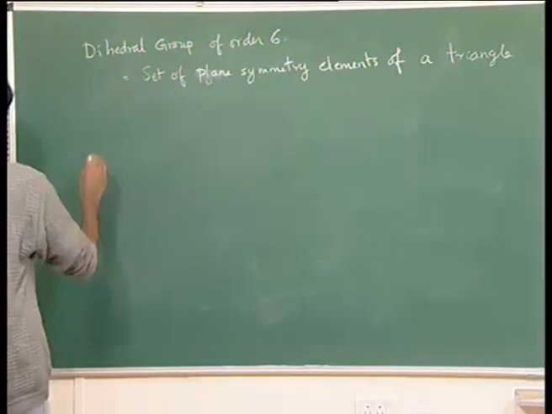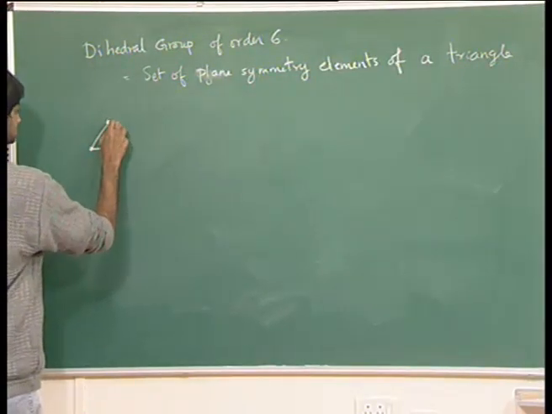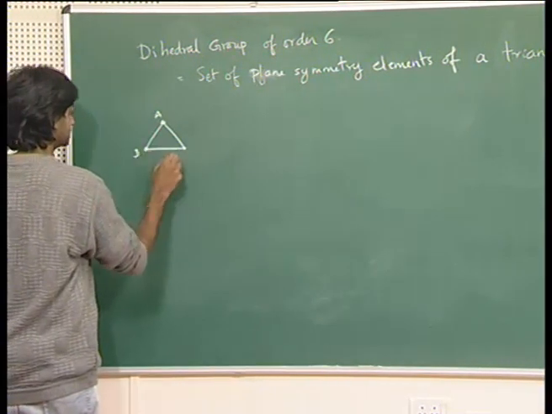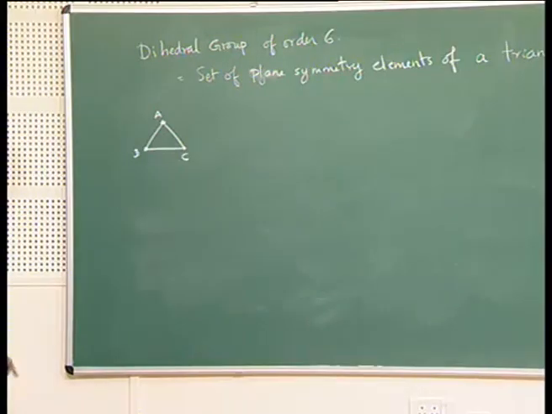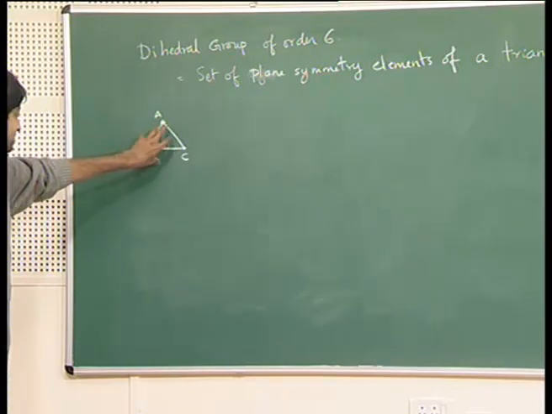So basically, suppose you had a triangle, and let me call this A, B, C. Okay. Now I have various symmetry operations.